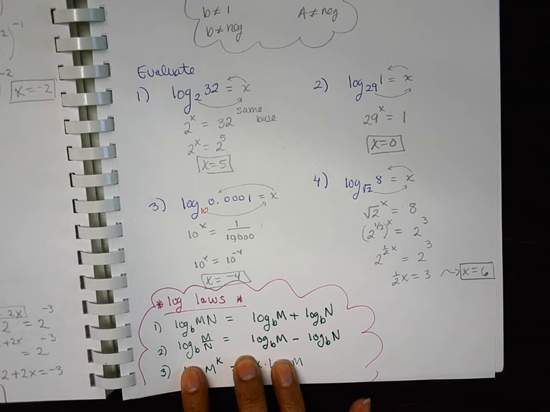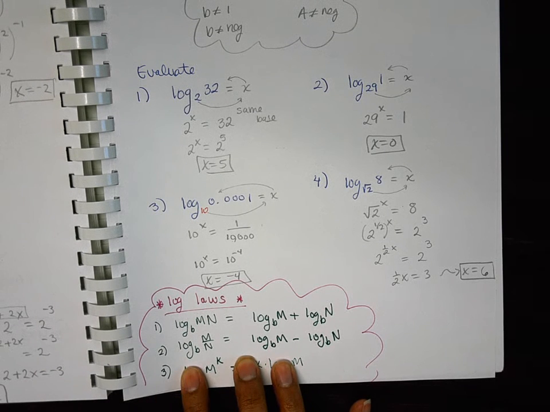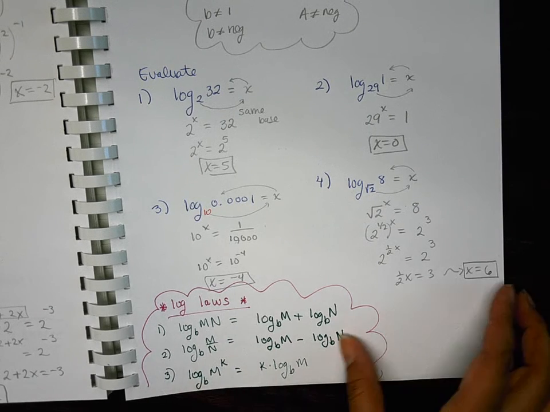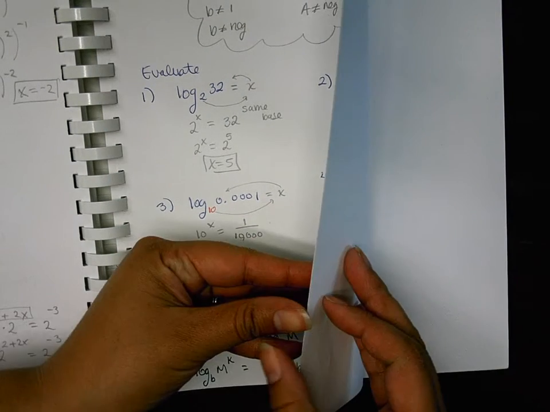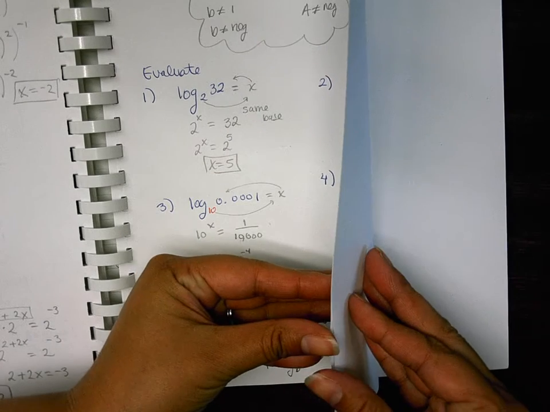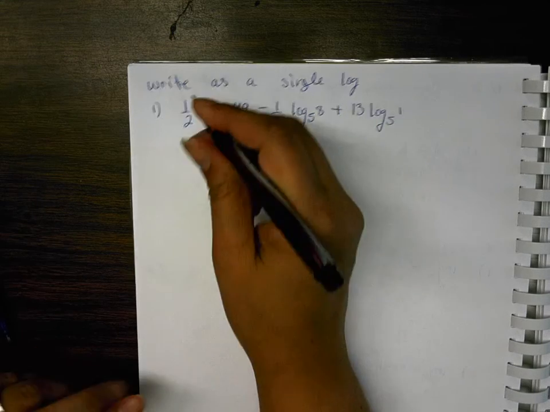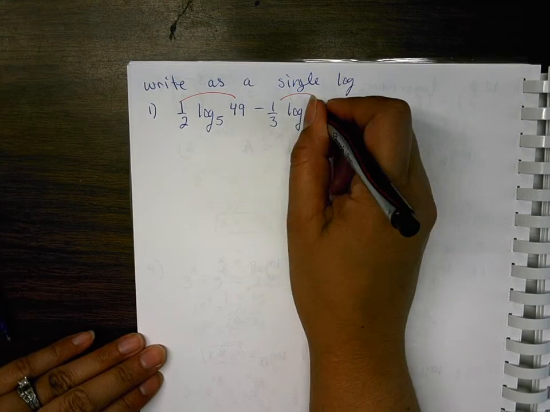No. Did they have any numbers in front? No, so they can't have numbers in front. When they do, where can we put them? As the exponents. So take a look at all of your coefficients, and what are we going to do with them? We're going to put them as exponents, is correct.